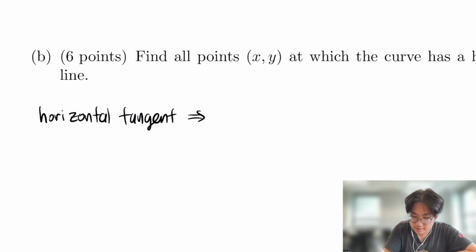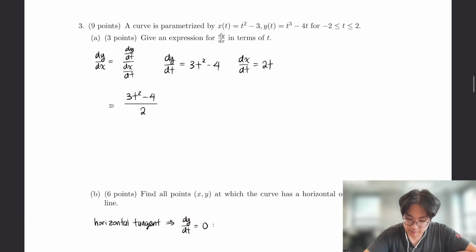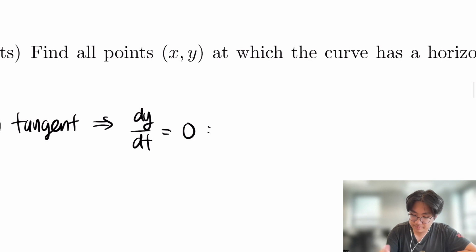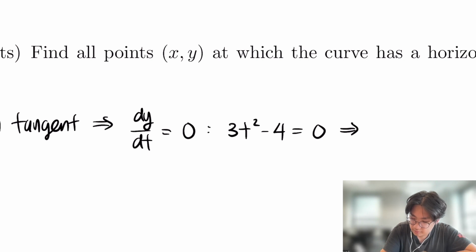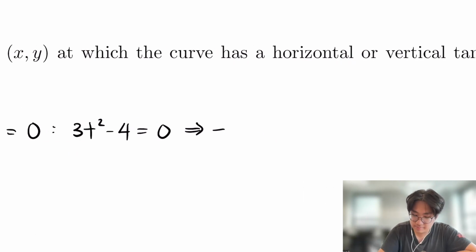This implies that the numerator, meaning dy/dt, is equal to 0. And if we take a look at what we have for dy/dt, we have 3t squared minus 4. So this means that 3t squared minus 4 has to equal 0. And here, it's just a matter of solving for t. So you have t squared is equal to 4 over 3.